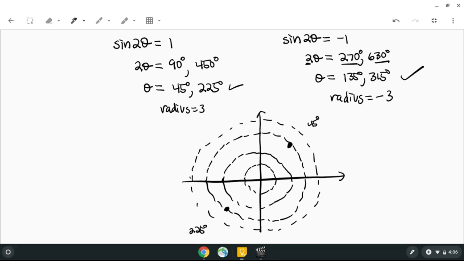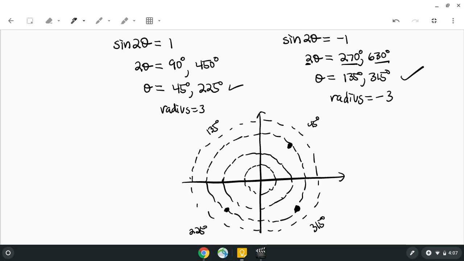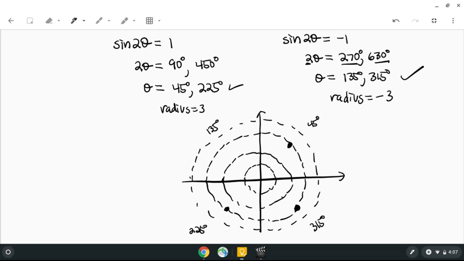Facing 135 degrees, my radius is -3, so I face 135 degrees, but I walk backwards: 1, 2, 3 over here. And 315 degrees is over here with a -3 radius. Facing 315 degrees, march backwards 3: 1, 2, 3. And there you go. There are your 4 petals. Here's 1, 2, 3, and 4.